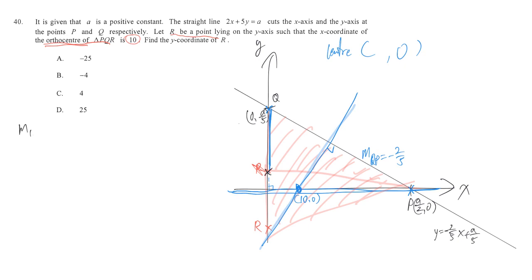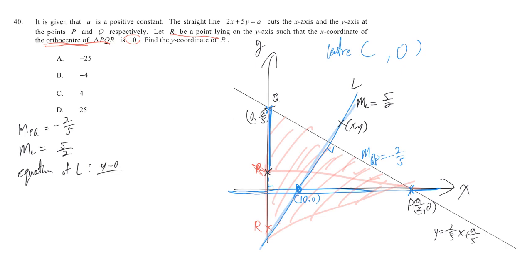So slope PQ is equal to negative 2 over 5. So the perpendicular line slope is 5 over 2. We use negative 1 divided by slope PQ. So this slope is equal to 5 over 2. I assume this is line L. So the equation of L. We assume a general point x, y here.